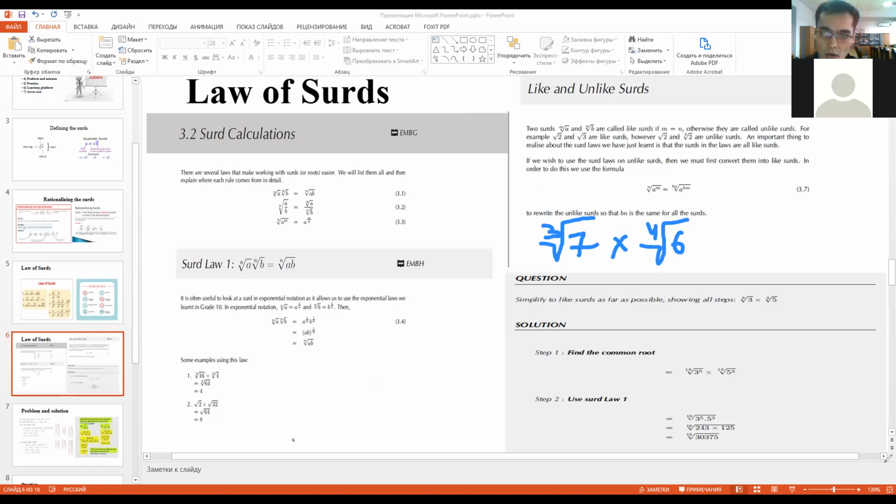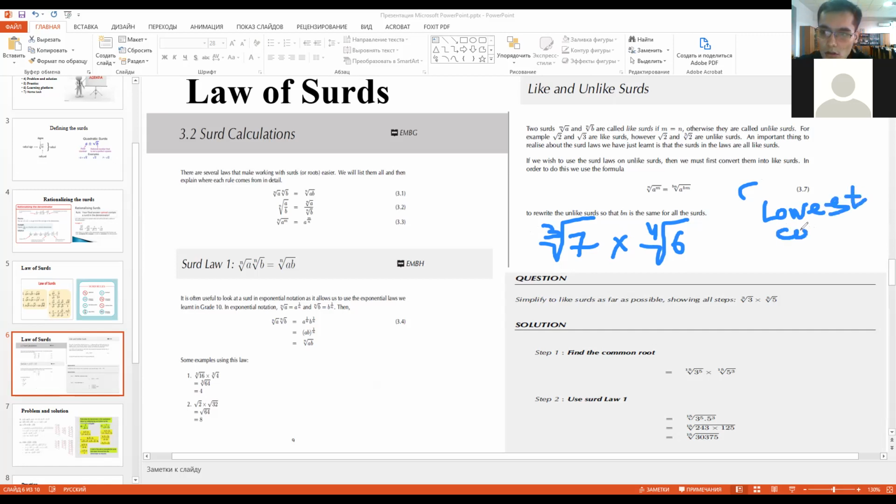How? Can you find the common divisor? We should multiply 3 by 4 and 4 by 3. Lowest common multiple. In mathematics, you have such kind of operation.